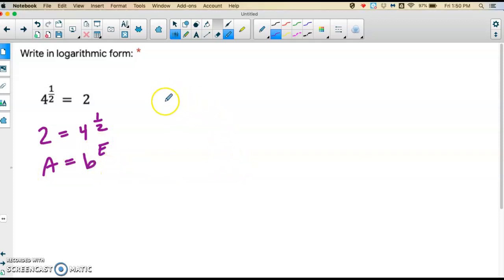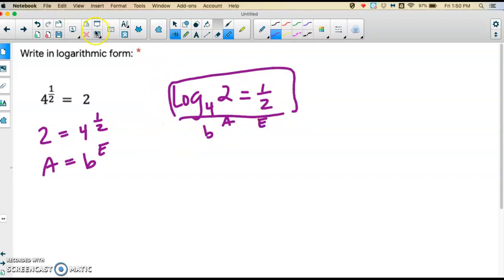So remember, A is your bae. So log base B, so a 4, and then you have 2 is your amount equals the exponent. So equals 1/2. So this is your bay. So this would be your answer.